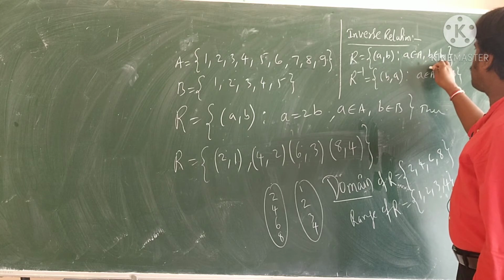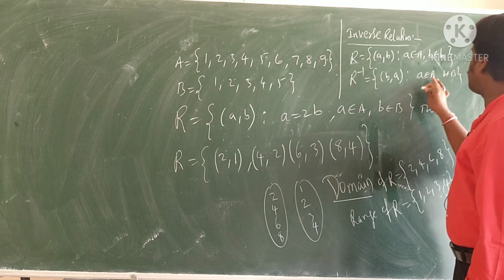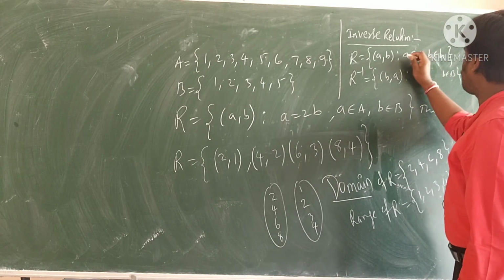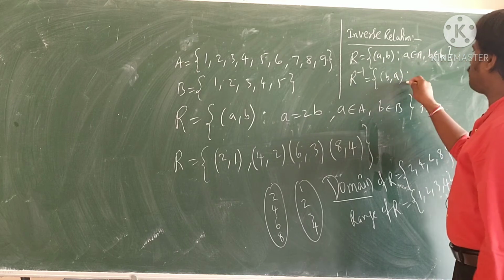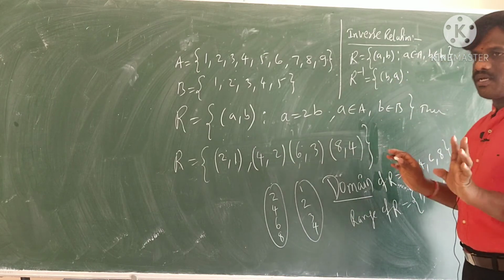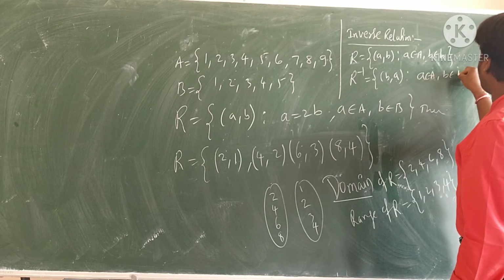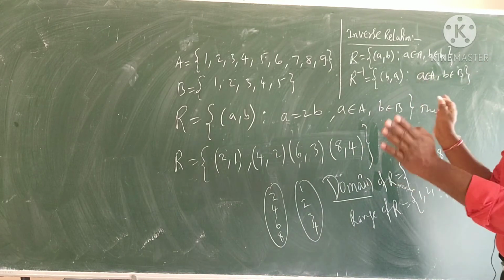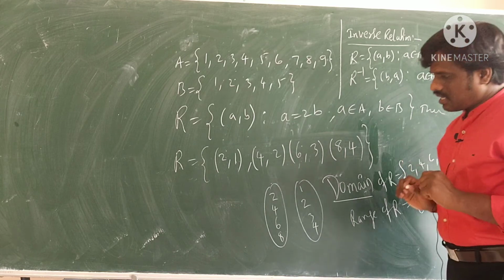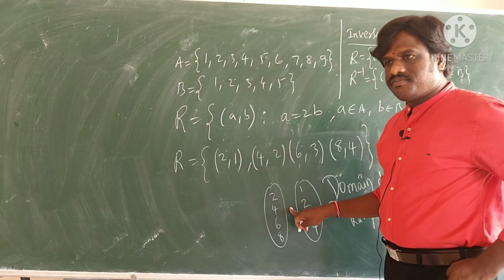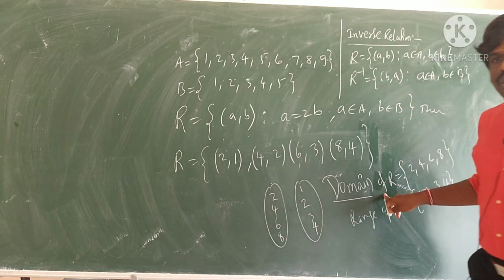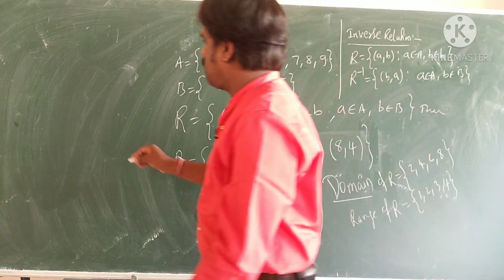The reverse happens, but the set elements will not be changed; only the order shifts. For example, this is a relation. What is the inverse relation?